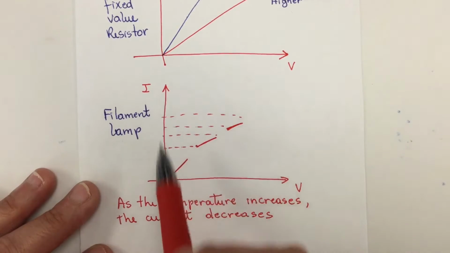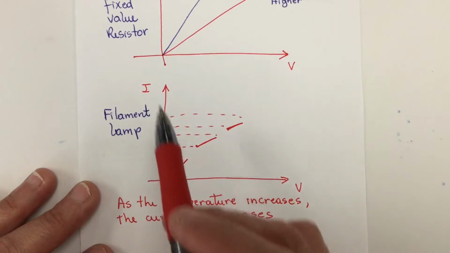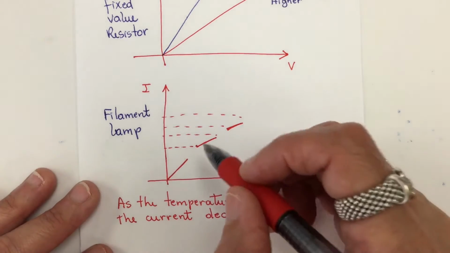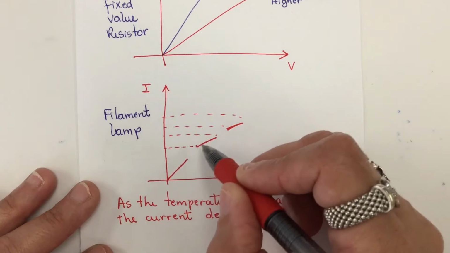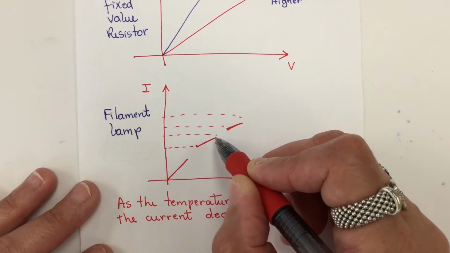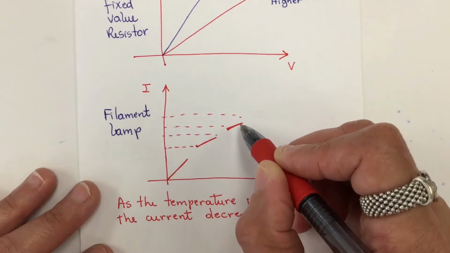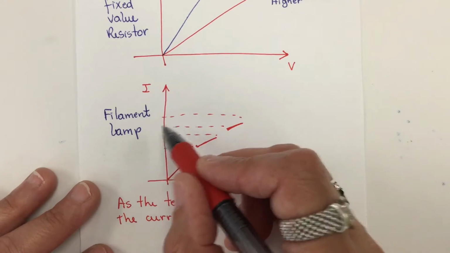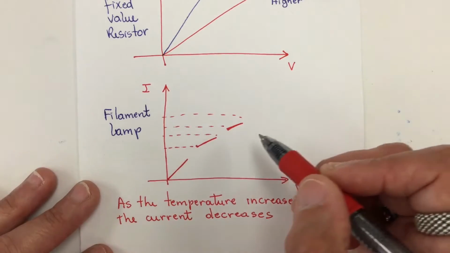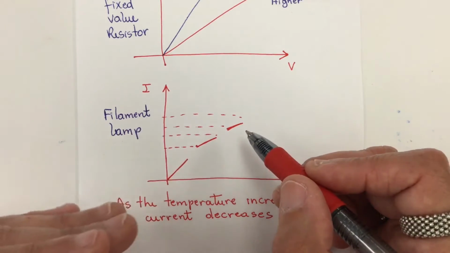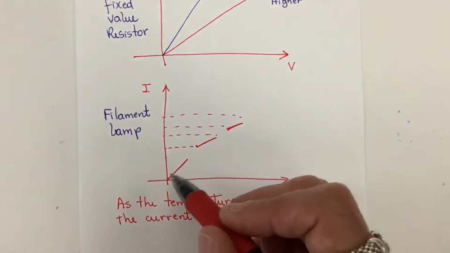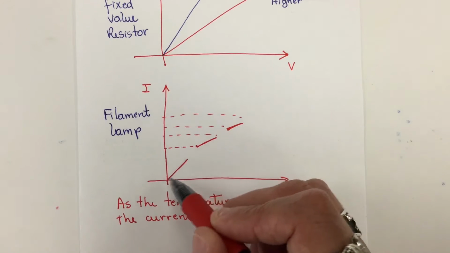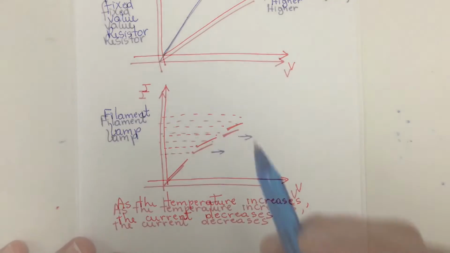Since the y-axis is the current, the line gets less steep, because the current is not increasing at the same rate as before, when the filament was colder.